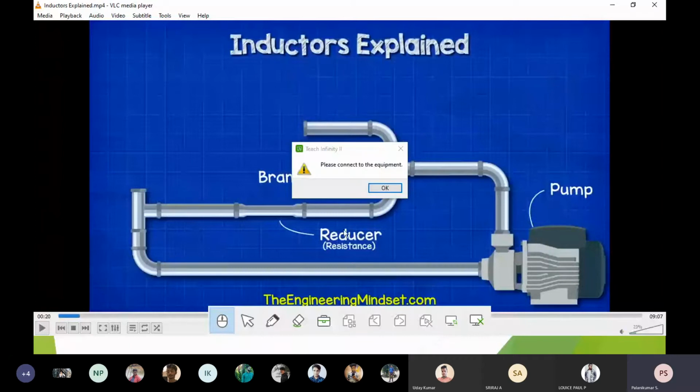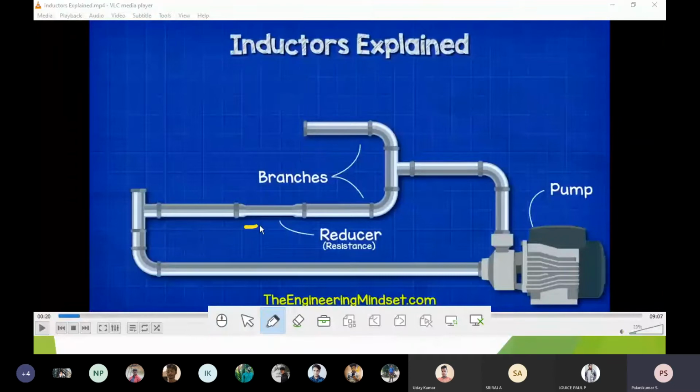Through one branch, it is having a reducer, so here the water flow can be reduced. It is opposing. Suppose this diameter is less than the diameter of the input pipe and output pipe, automatically some water will be going through this reduced one.